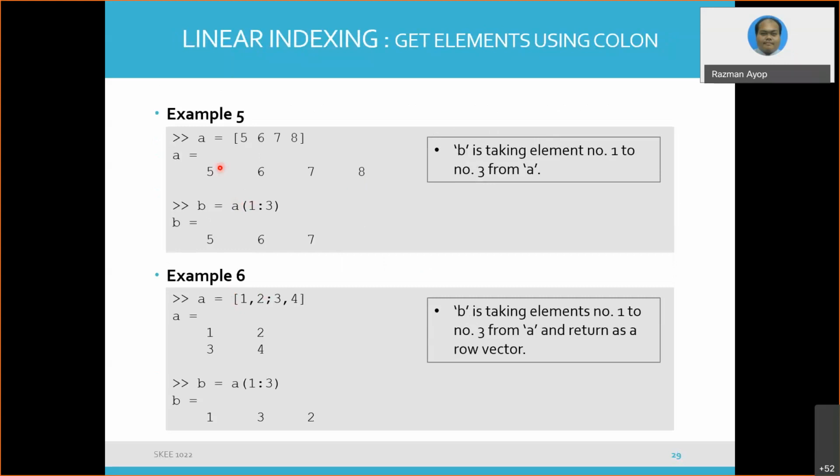Similar to example 7, but that one used coordinates, and this one uses linear indexing. I give you an example here: 5, 6, 7, 8 is A, and B is 1, 2, 3. You get 3 numbers, so you get this.